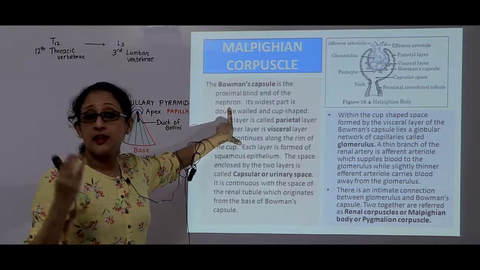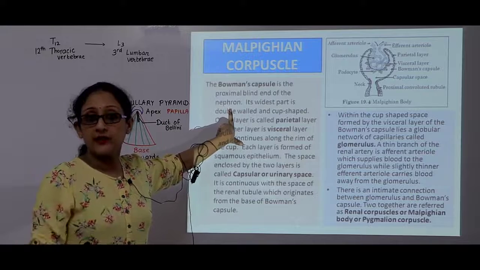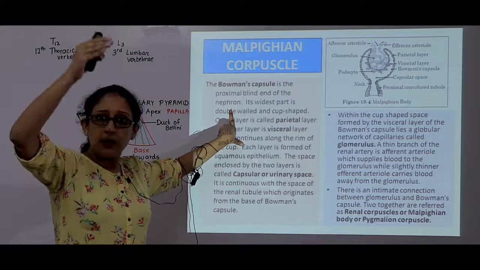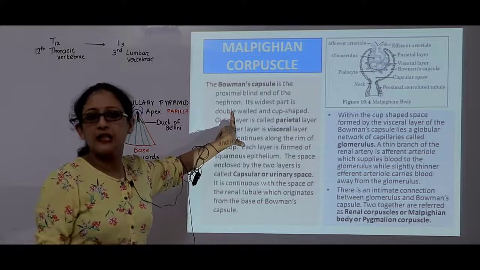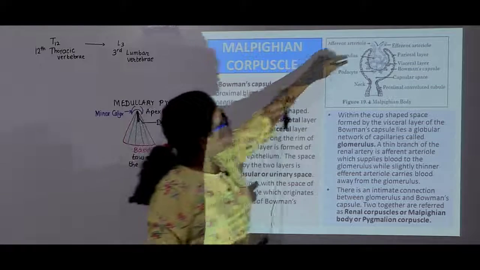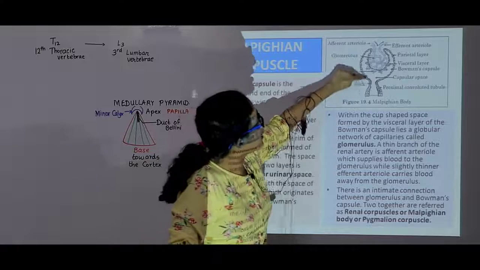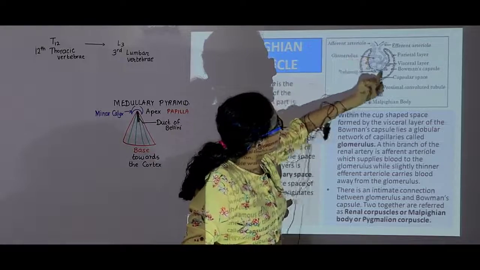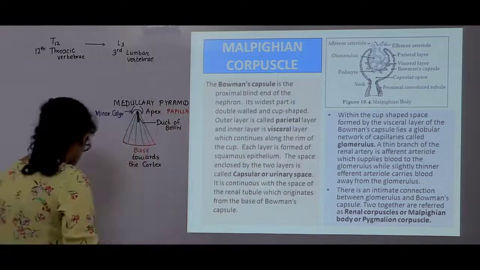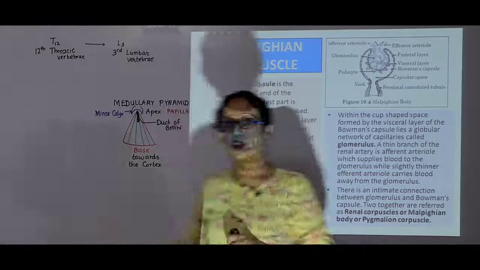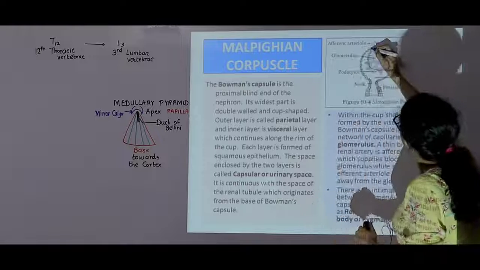As I said, there is no actual opening. The filtered blood will pass through the cells of the visceral layer. So this outer part is called the outer parietal layer and this inner part is the inner visceral layer. So I will draw it in a little bit of color over here so that you get the understanding.